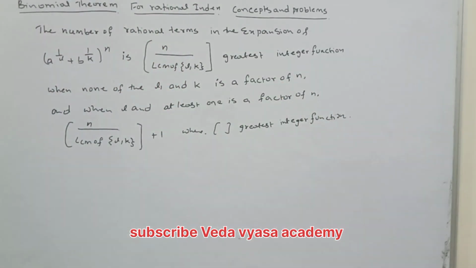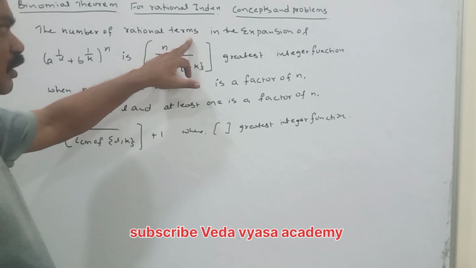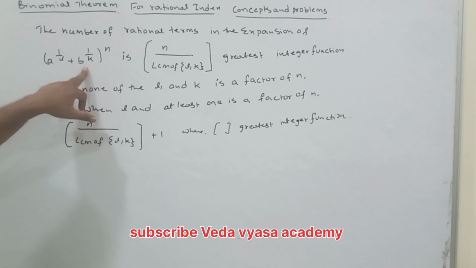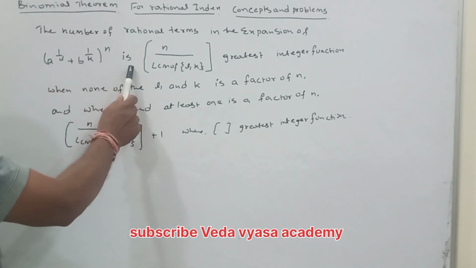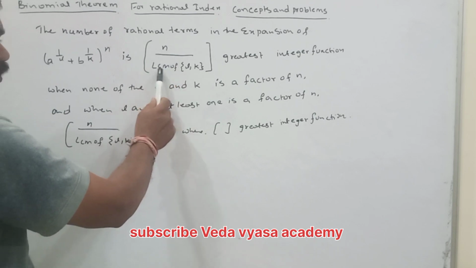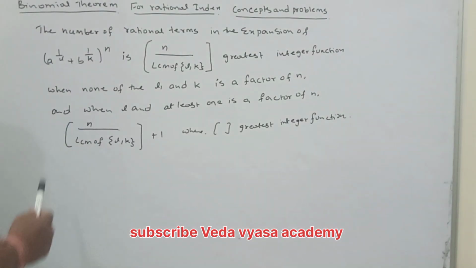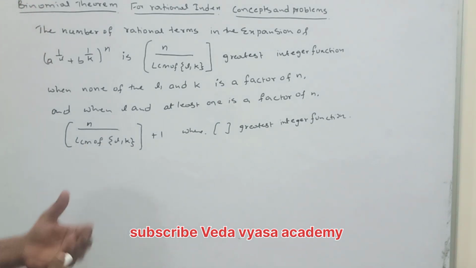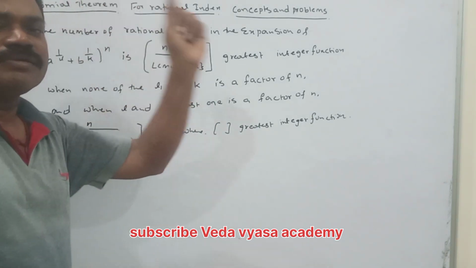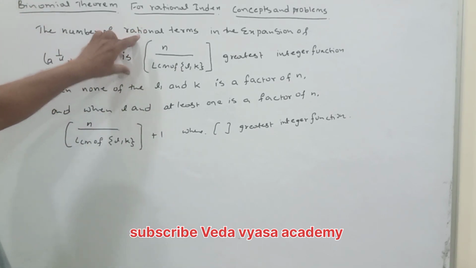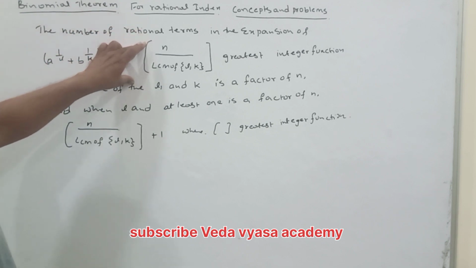Okay, all of you. Here, once again, the number of rational terms in the expansion of a power 1 by L plus b power 1 by k whole power n is the step of n by LCM of L comma k. This is the greatest integer function. When none of L and k is a factor of n, this is the number of rational terms.